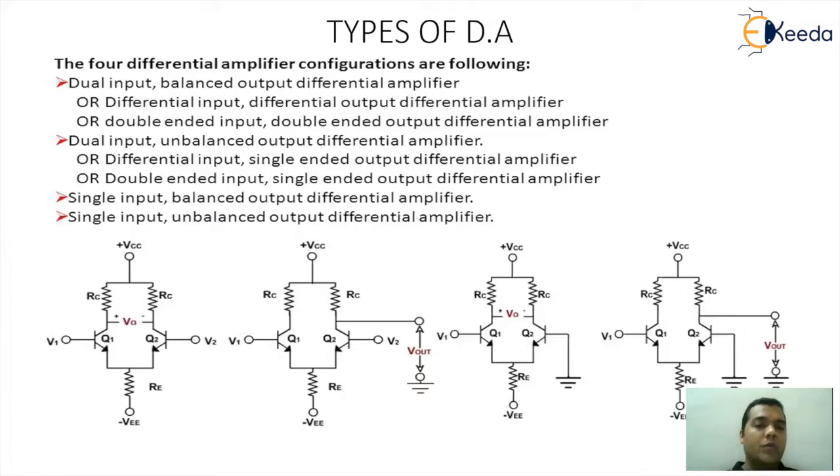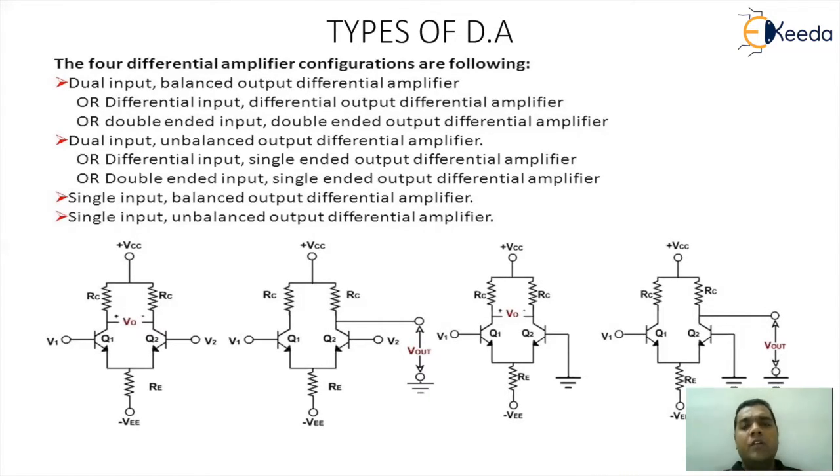With respect to balanced and unbalanced, we had balanced input, balanced output; balanced input, unbalanced output; unbalanced input, balanced output; and unbalanced input, unbalanced output. This is the way we define the four types of differential amplifier, from left to right.